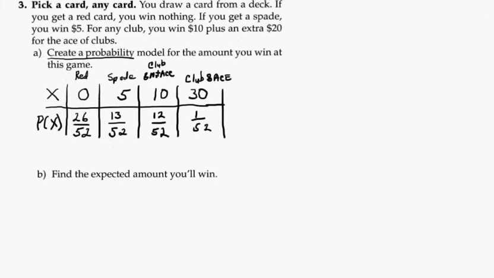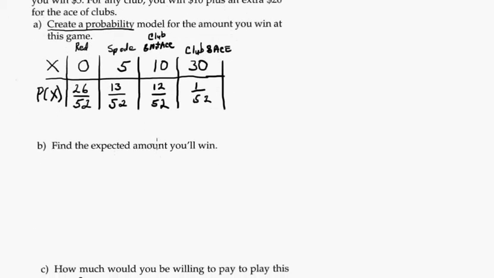Now we want to find the expected value if we play that game. The expected value for what's called a random variable like this, with discrete outcomes, we also use a notation: the expected value of X. Mu is one notation, so the mean, or the expected value of X, is just the sum of all the outcomes times the probability of the outcomes.